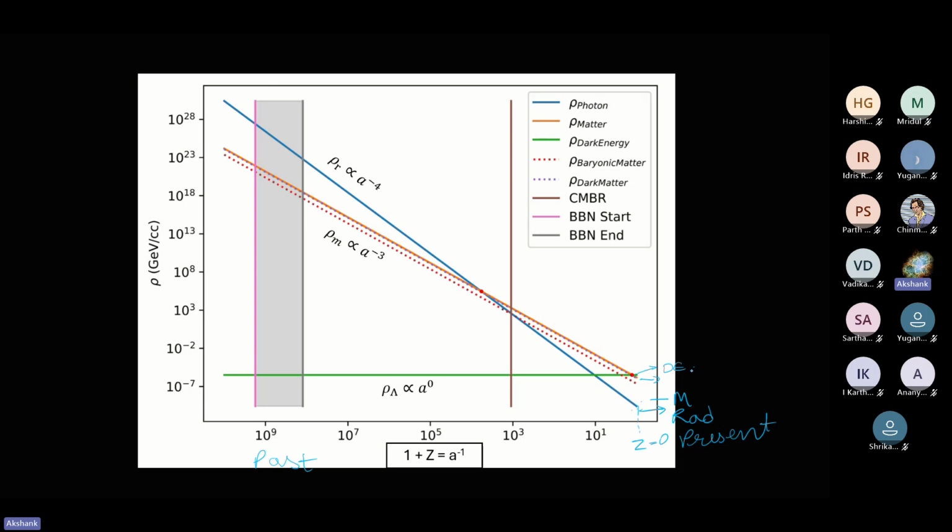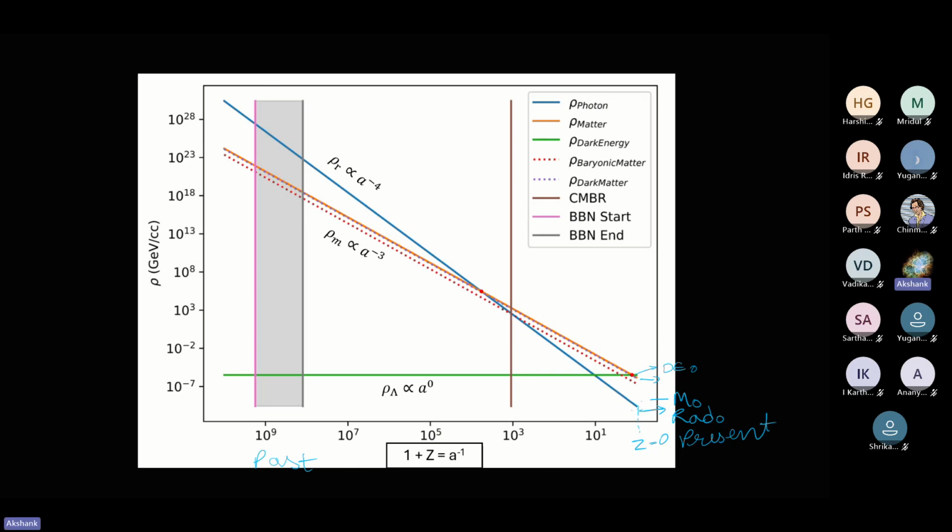These are current values, and this is what is represented in that pie chart. Around 32% is matter, the rest is dark energy, and as you can see, radiation is much less than both of them. Okay. And now we know how these scaled back in time.